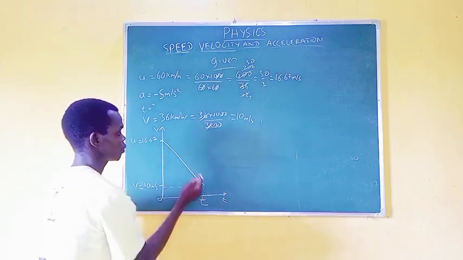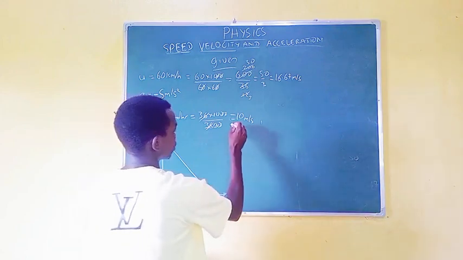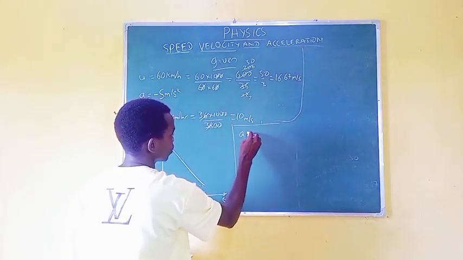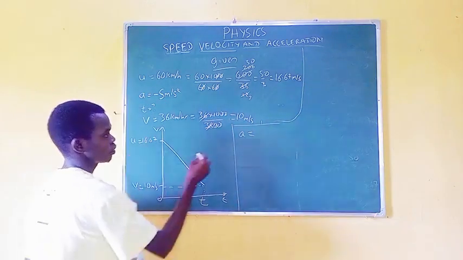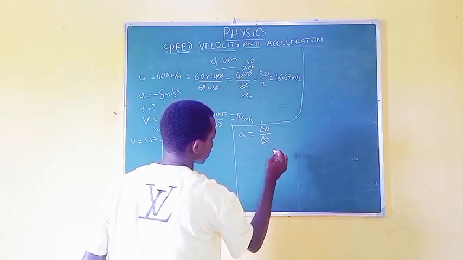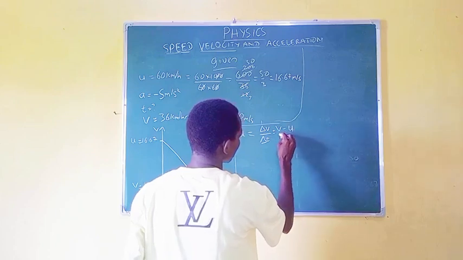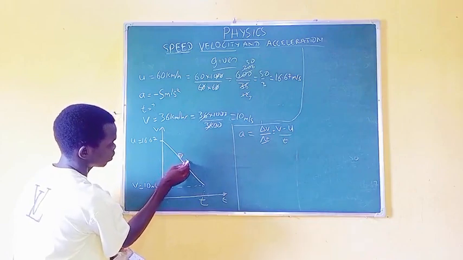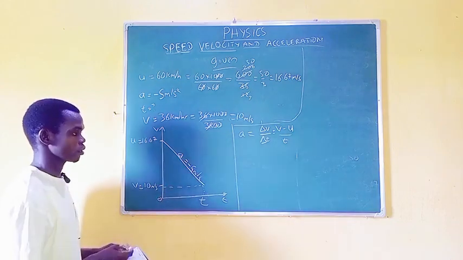We know that the slope of the velocity time graph, a, is equal to change in velocity over change in time, which is equal to final minus initial velocity over the time. We know that acceleration is equal to minus 5 meter per second square since it is retardation.